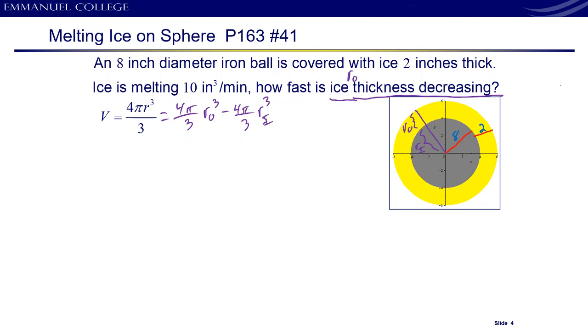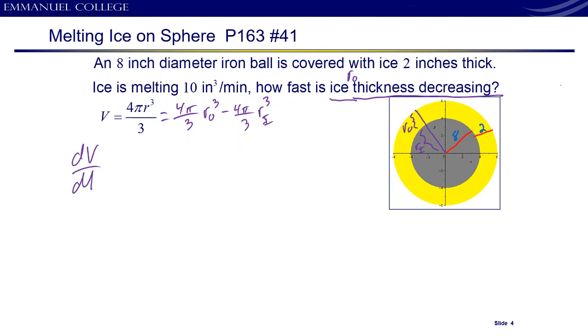So we're technically looking for the outer layer's rate of change. And we know how fast it's melting. So let's take the derivative with respect to time of both sides.